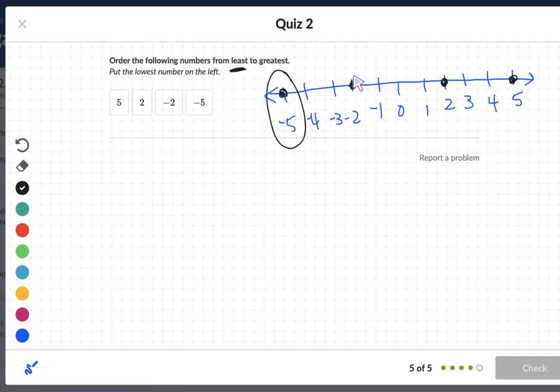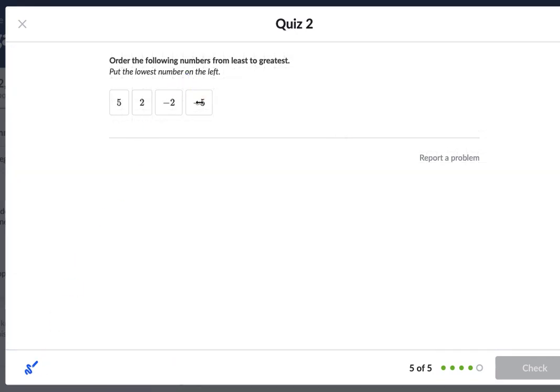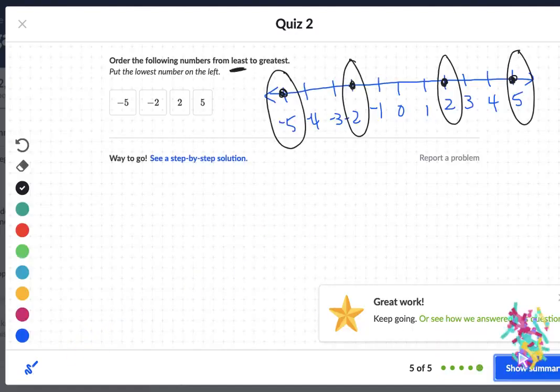So it should go -5, -2, 2, and then 5. Okay? So your negative numbers are going in reverse order, 5 and then 2. And your positive numbers are going in normal order, 2 and then 5. So negative numbers go in reverse order, 5, 4, 3, 2, and then 1. And then your positives go in normal order, 1, 2, 3, 4, 5. So that should be correct.